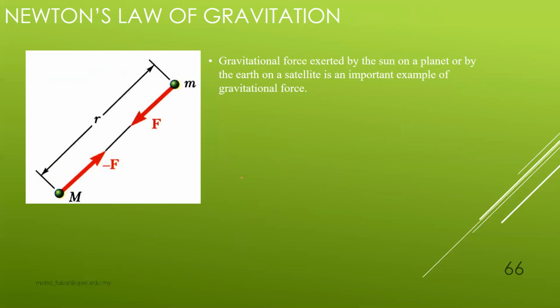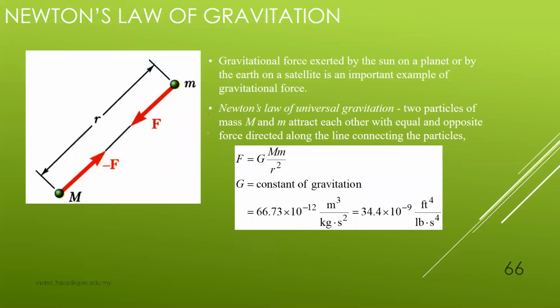Now, the gravitational force exerted by the sun on a planet or by the earth on a satellite is an important example of gravitational force. There is a force acting between the, let's assume this one is our earth and this one is our satellite in space.